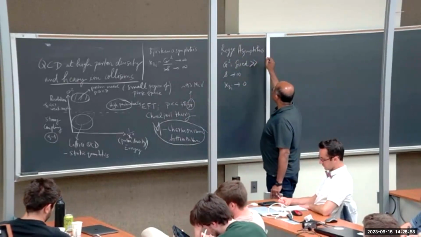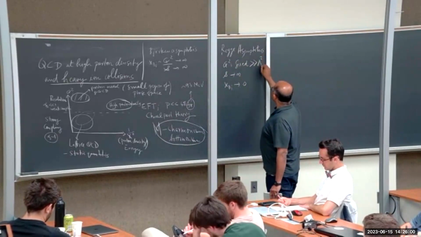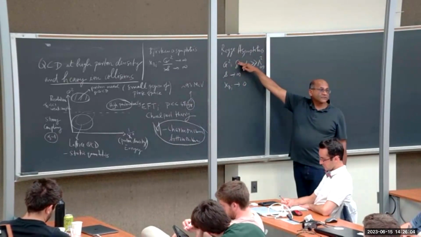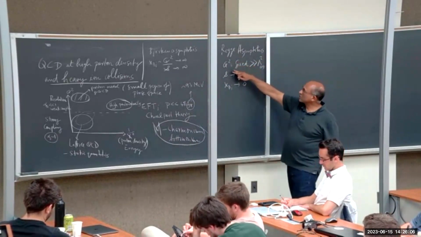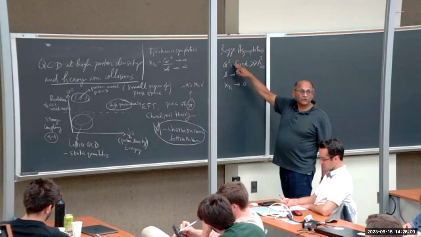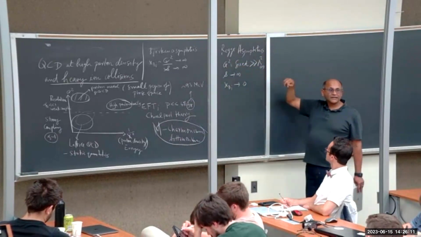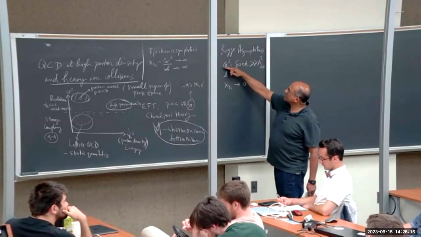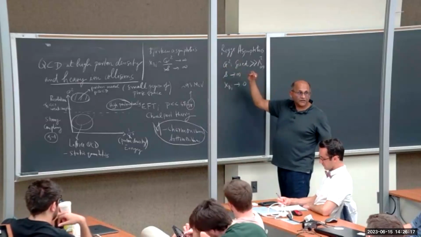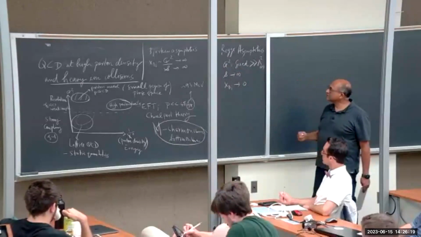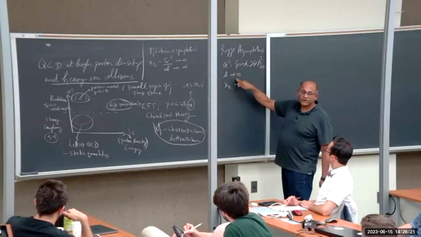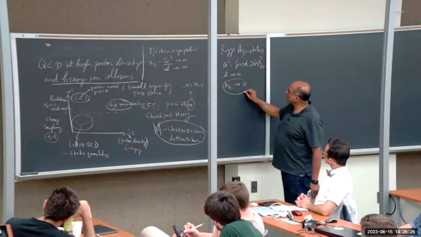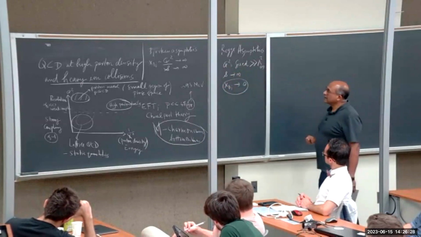And one of the great advantages of modern colliders is that we can access the regime where Q squared itself is large. So you're now studying, if you are able to, as perhaps the EIC or the LHC, physics and kinematics where Q squared is large. So you can argue the coupling is weak. You're studying color degrees of freedom. But then you can go to very high energy simultaneously. Then you're starting to probe the regime of these small x's.